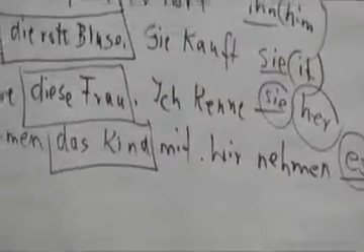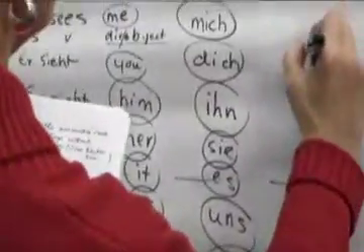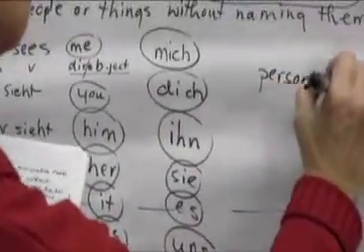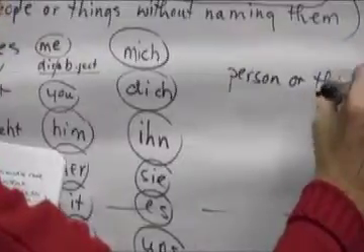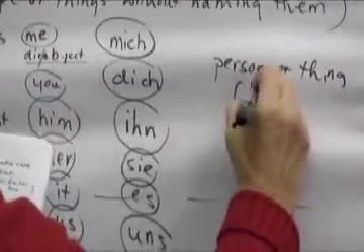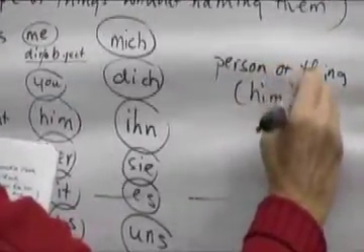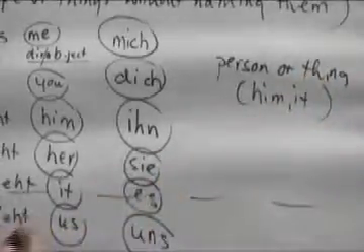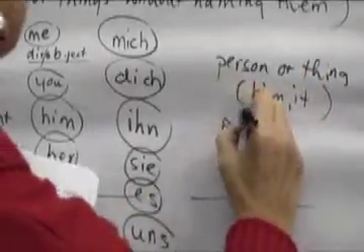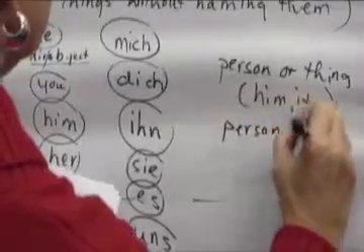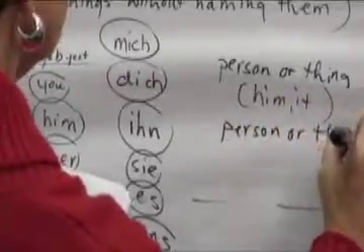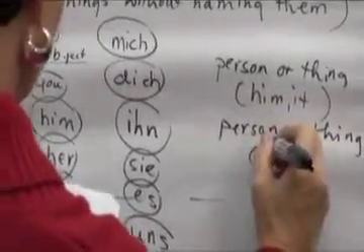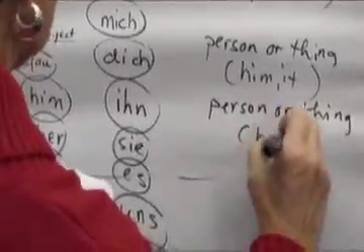So what did we learn? A person or a thing can mean him or it. A person or a thing can be her or it.